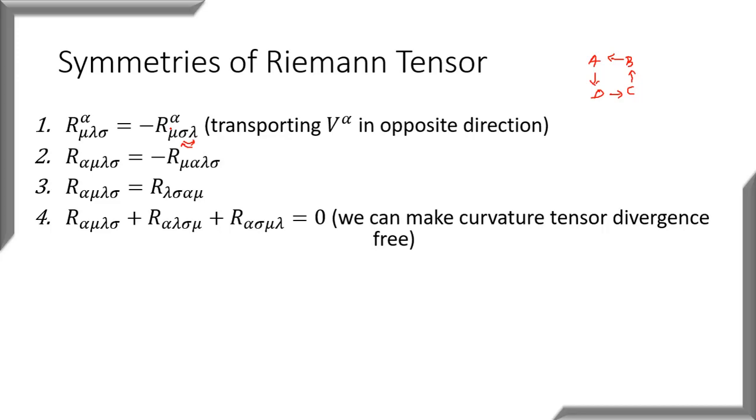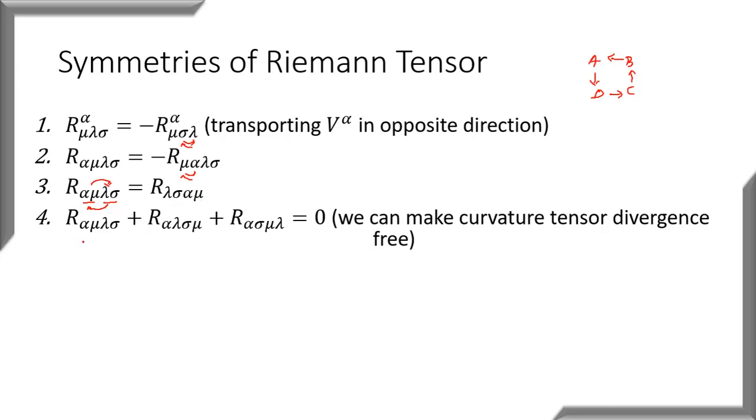Similarly, I have three other symmetries for the Riemann tensor. Here I have just interchanged the alpha and mu, the first two symbols. Here I have interchanged the alpha delta to here and these symbols to here, and I will get the same curvature tensor.